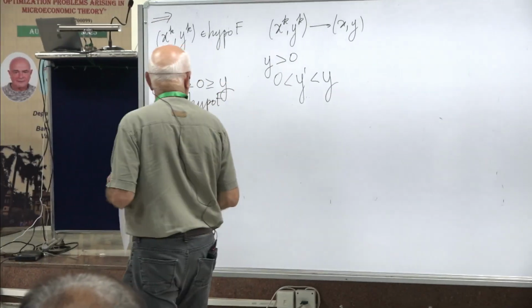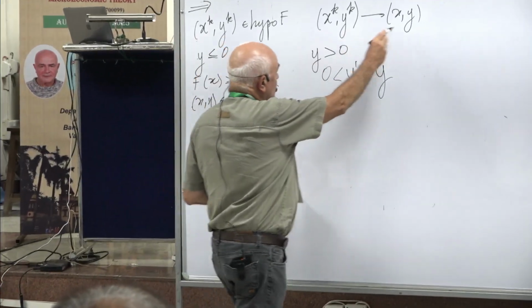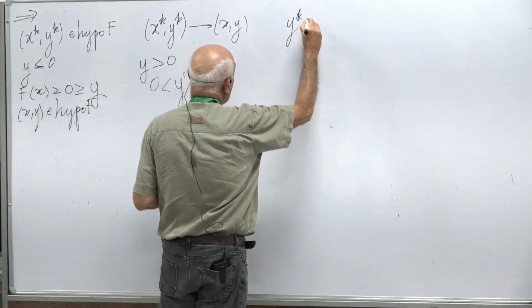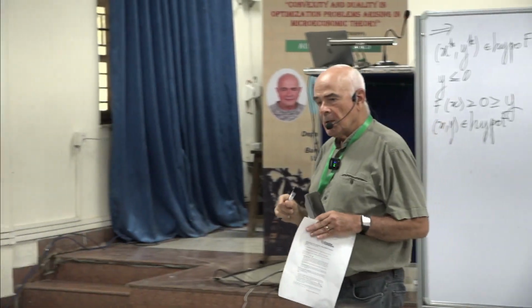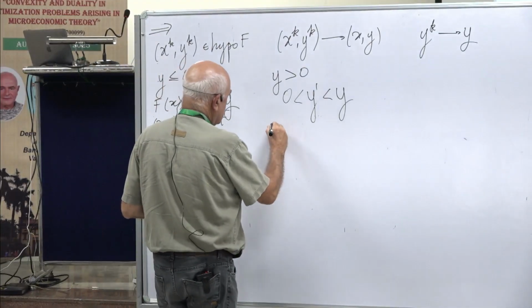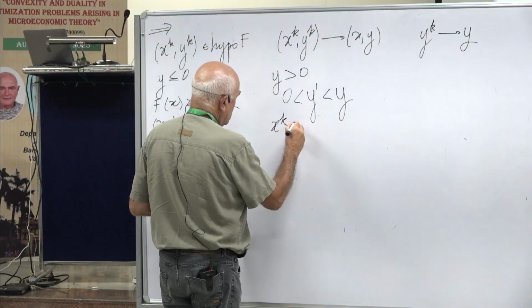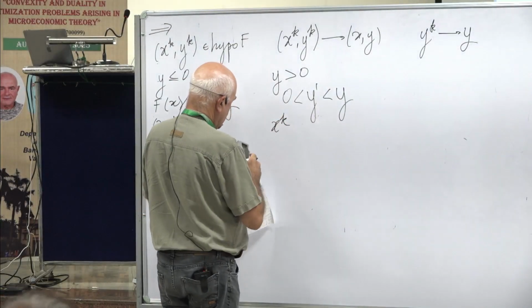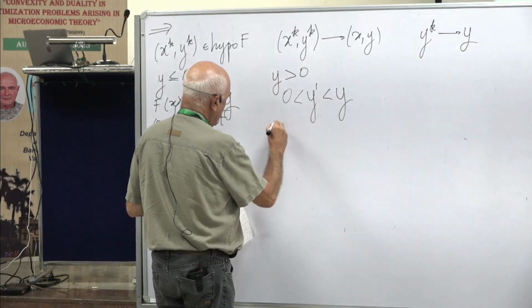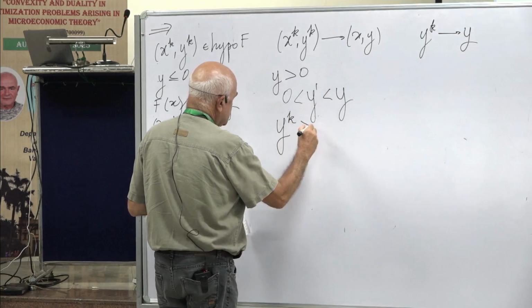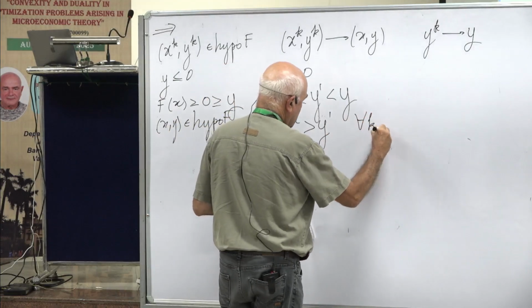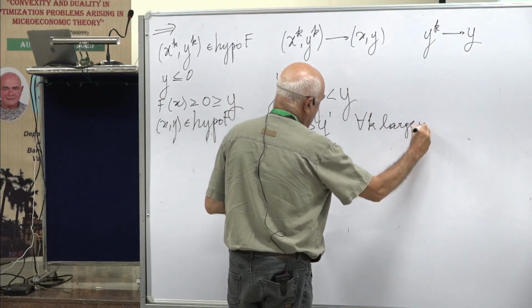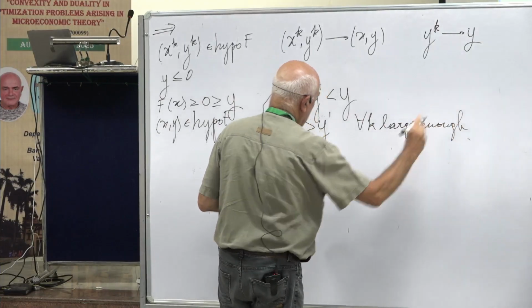And then, because yk converges to y, and y prime is strictly smaller, for k large enough, yk will be strictly larger than y prime for every k large enough. Okay?